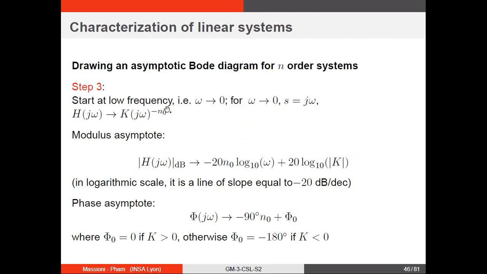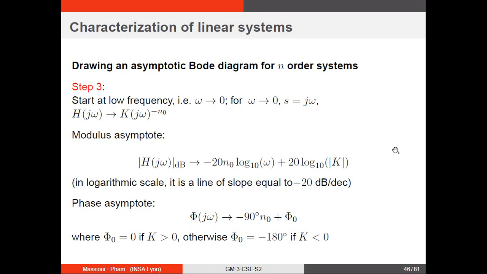And this one, we have to draw in decibel, so taking the 20 log 10 of this will yield, by the rules of the logarithm, minus 20 n naught times log in base 10 of omega plus 20 log in base 10 of the modulus of k. Very simple.